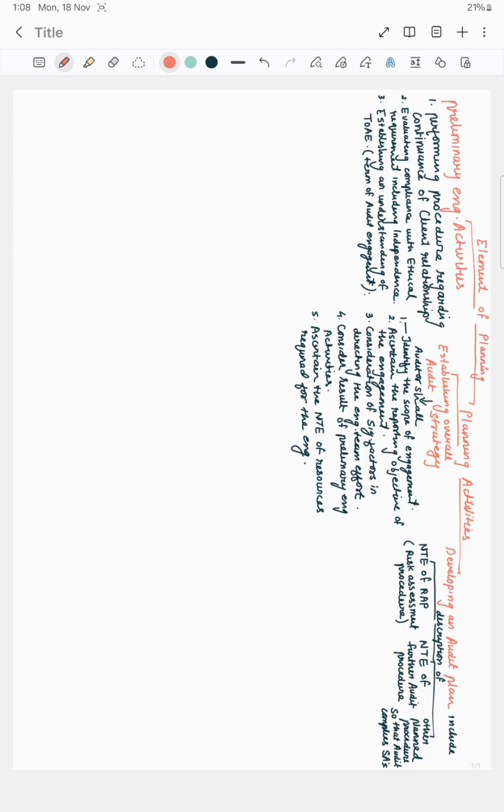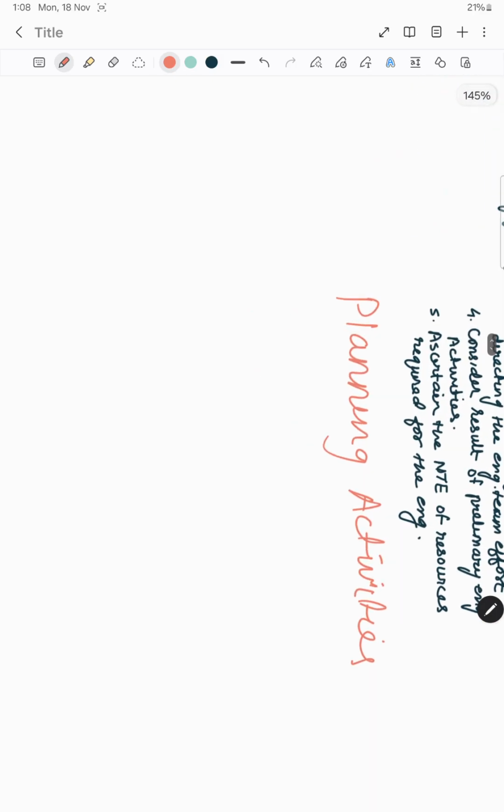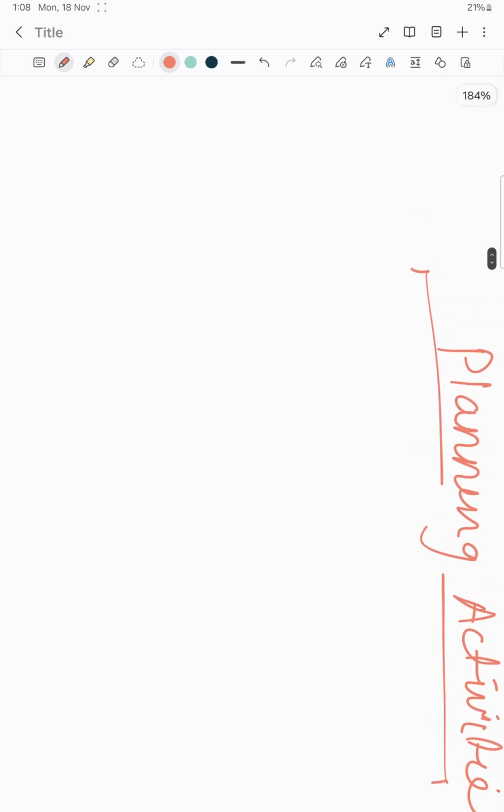planning activities has two parts. The above which we made a note is of the elements of planning.